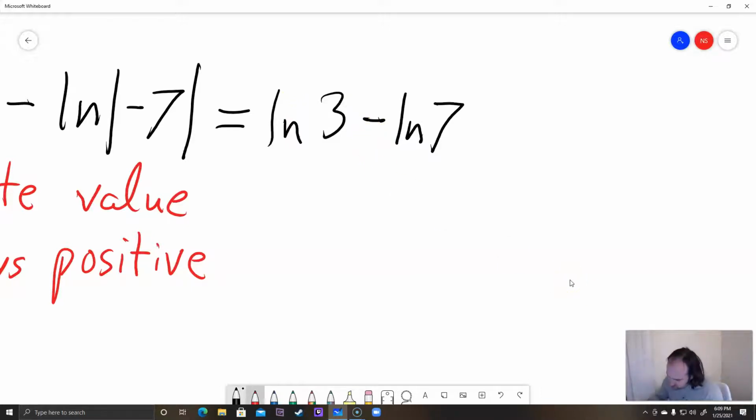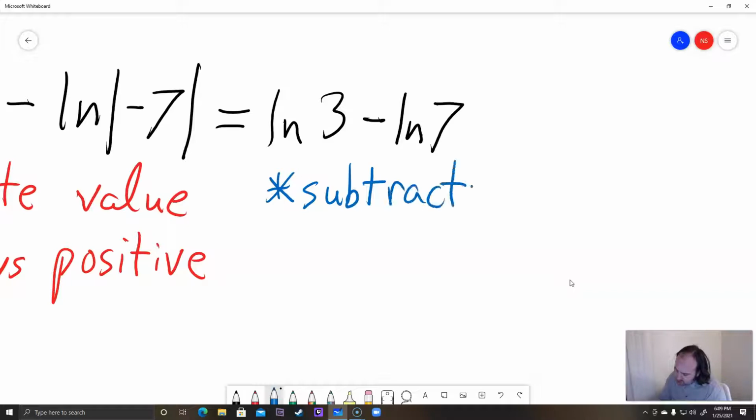Okay? So subtracting outside of a logarithm. This is stuff from pre-calculus. Hopefully some of you, at least it rings a bell, even if you don't completely remember it.